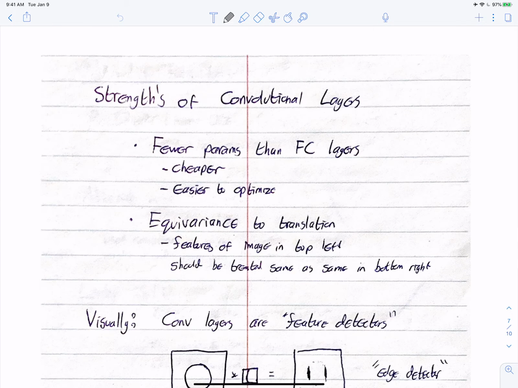All right, there are several reasons that we have convolutional layers. One strength is that they have many fewer parameters than fully connected layers. Remember, a fully connected layer is where every value of the input affects every value of the output in a linear way, with a parameter that is estimated at training time.